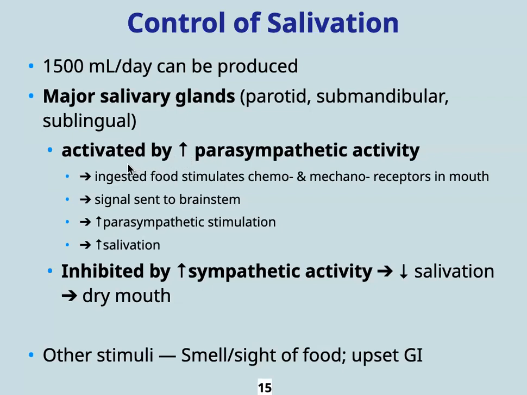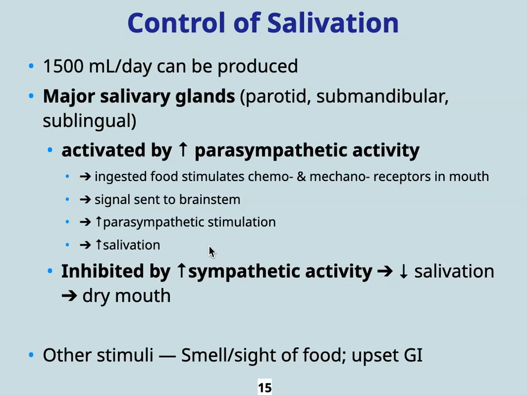In terms of the control of salivation, this is activated by an increase in parasympathetic activity and is inhibited by sympathetic activity. That means when you're nervous, there's decreased salivation and you experience dry mouth.